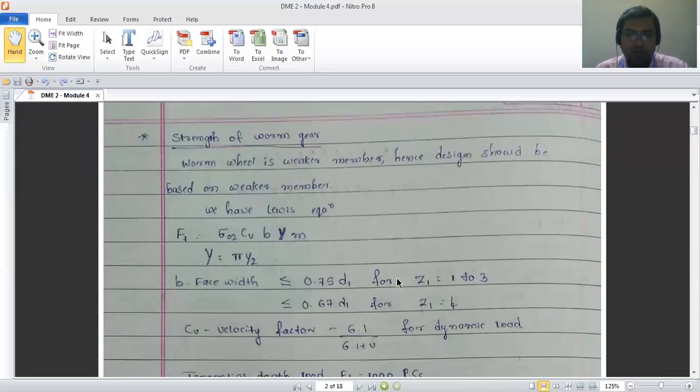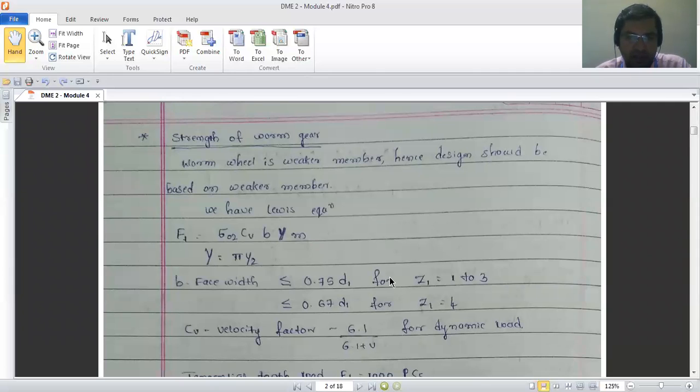So now let us have an equation for the strength of a worm gear. Generally, the first stage of design of the gear is identification of a weaker member. In case of worm and worm wheel, the worm wheel is a weaker member. Hence, always we should design based on the weaker member.